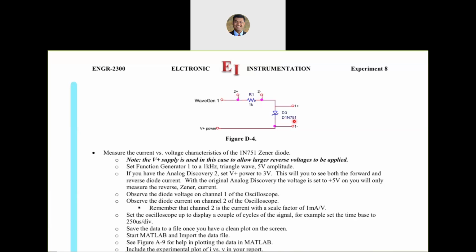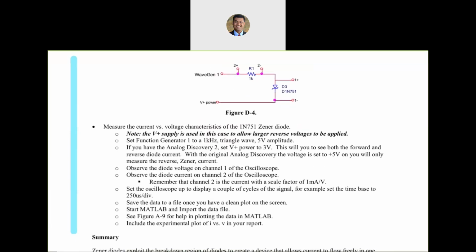We are using channel 1 to measure the voltage across the diode D3, and we also have an offset that is provided by the positive power supply here, V plus, the red wire from our Analog Discovery, so that we can explore a bigger range of voltages. So we are going to set up the circuit, then we will do some experiments in order to sketch the current-voltage characteristic of this Zener diode in Matlab.